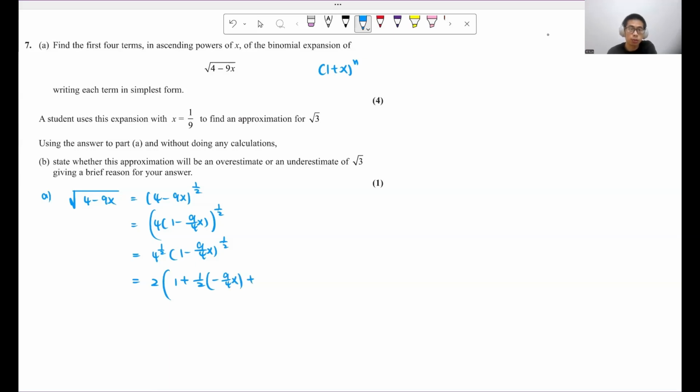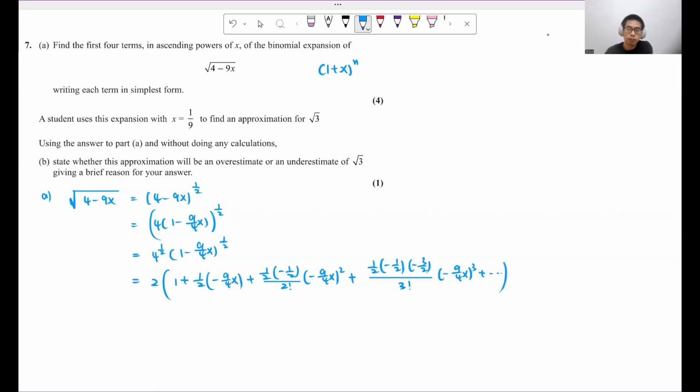And then the next one would be half times, half minus 1 is negative 1/2, over 2 factorial, times negative 9 over 4x squared. And in the next term, that will be 1/2, negative 1/2, and then negative 3 over 2, just keep minus 1, and then divide by 3 factorial times negative 9 over 4x to the power of 3.